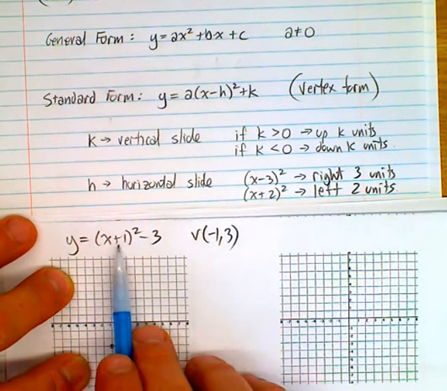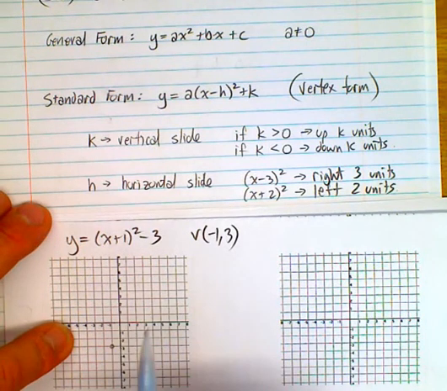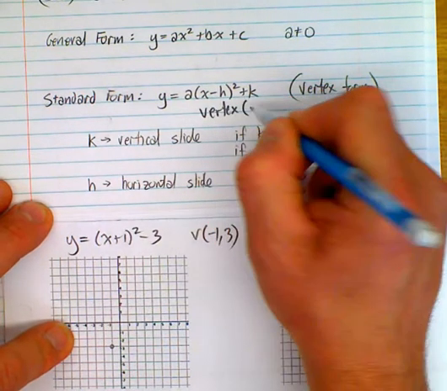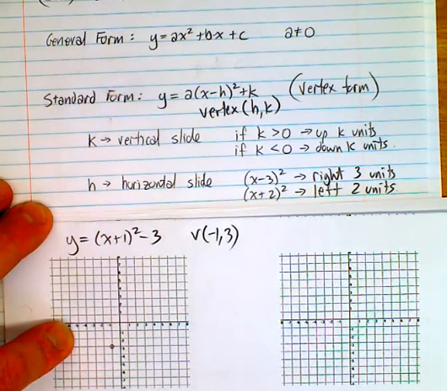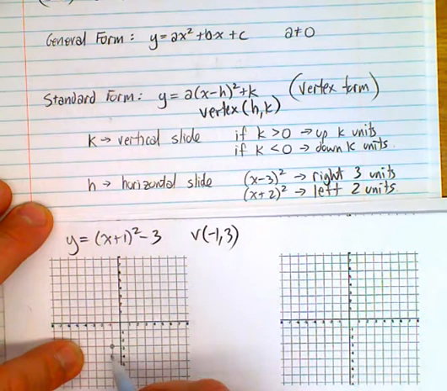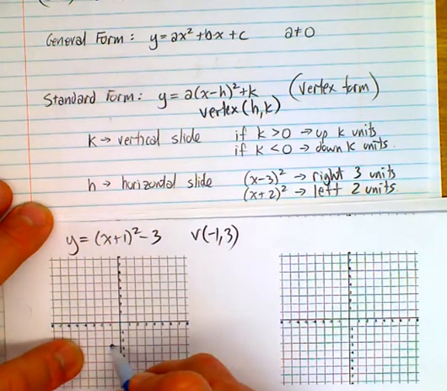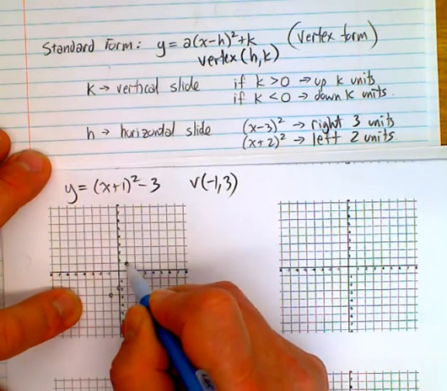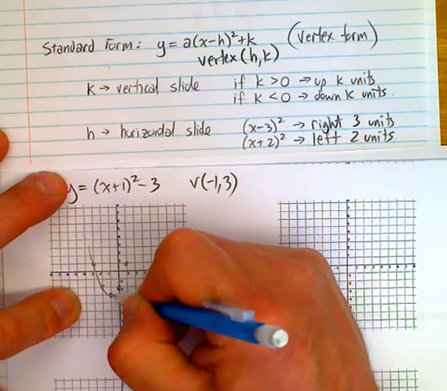The vertex is always h and k. The vertex is your h and k value. So now that you have the new vertex, you just graph this function from here. We're going to go over 1, up 1, over 2, up 4, back 1, up 1, back 2, up 4, and we have our parabola.